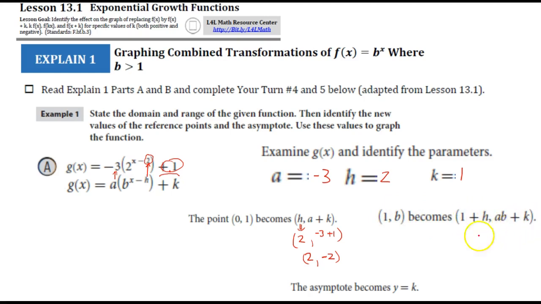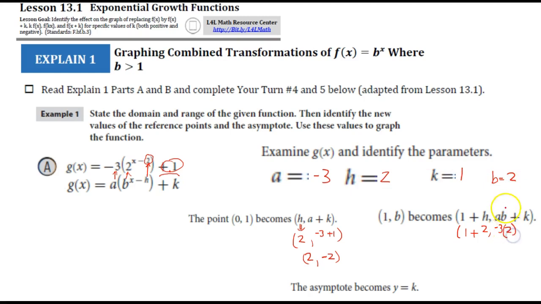Next thing we're going to do is take our point value, and we're going to use our h, a, b, and k value to find the next point on our graph, which would be 1 plus h was 2. Our a value is -3 times our b value, which is, in this case, I almost forgot, 2.